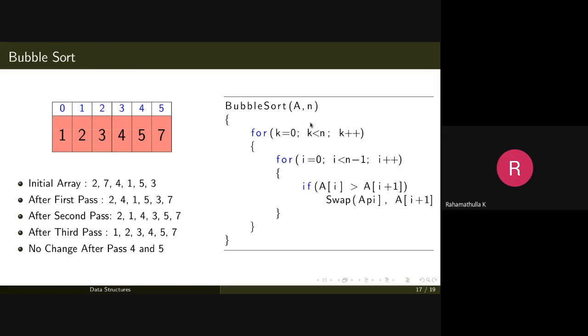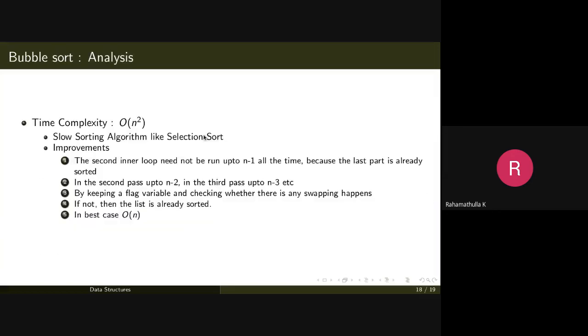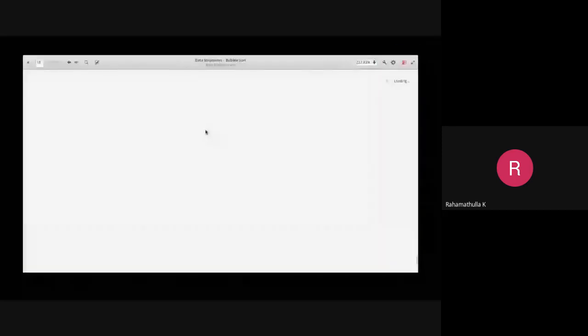So once we do n number of passes through the array, that is from k equal to 0 to k less than n, we will get the array sorted. And this is a slow sorting algorithm because it takes order of n square time. Thank you.